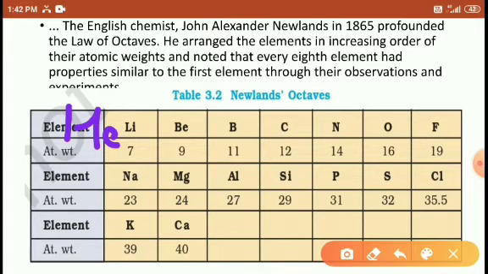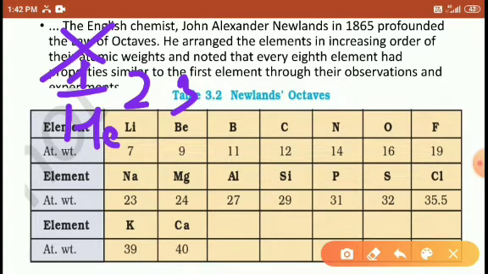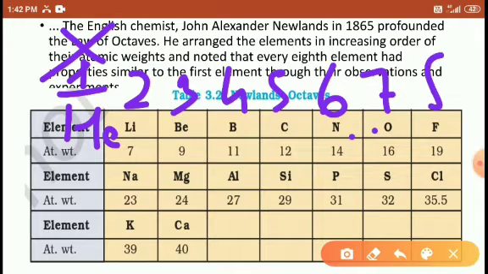Helium is a noble gas, it does not react with any species, so it is considered the first element. Then the second element is lithium, third is beryllium, fourth is boron, fifth is carbon, sixth is nitrogen, seventh is oxygen, eighth element is fluorine.